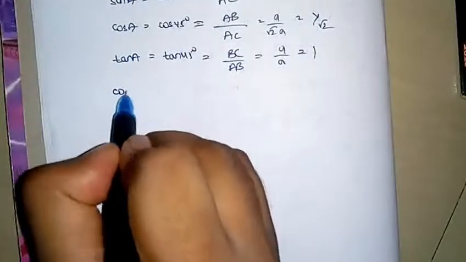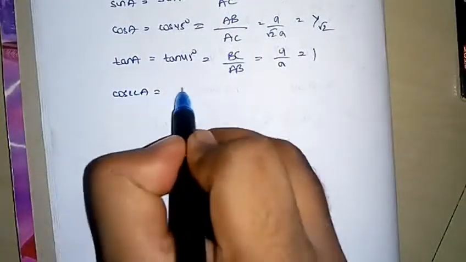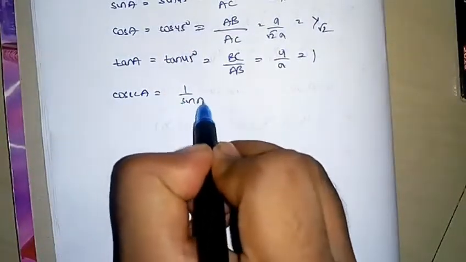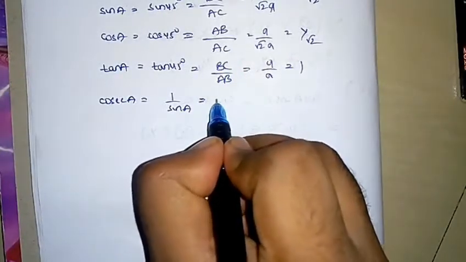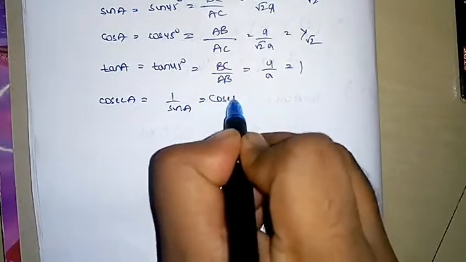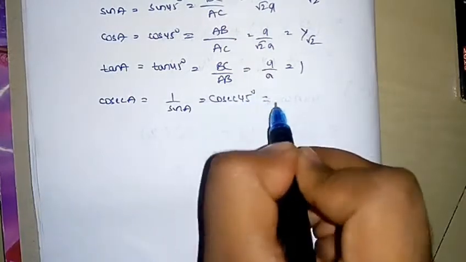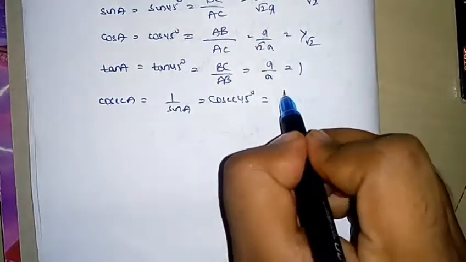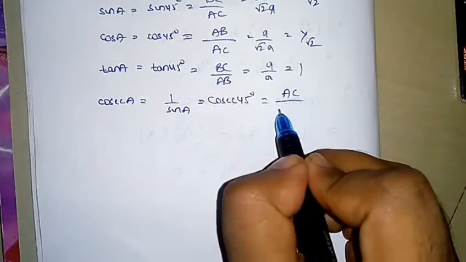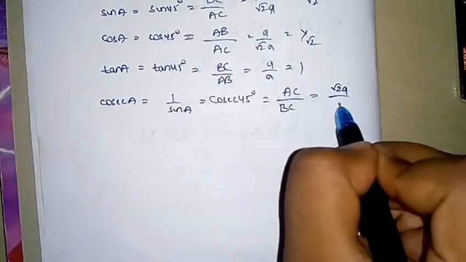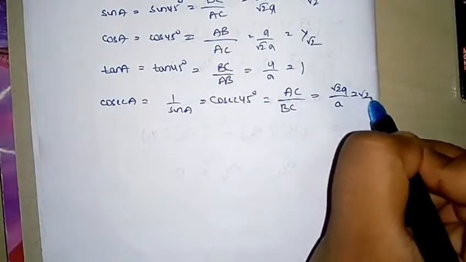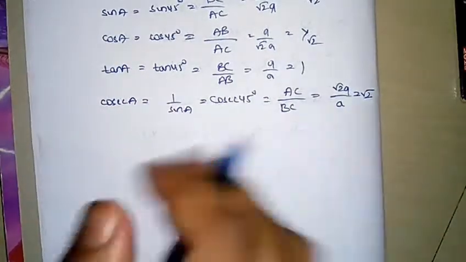Now, cosecant A is equal to 1 by sin A, so cosecant 45 degrees is equal to hypotenuse AC by opposite side BC, which is equal to root 2A by A, which is equal to root 2. So cosecant 45 is root 2.